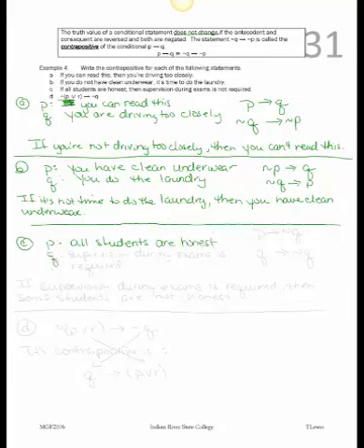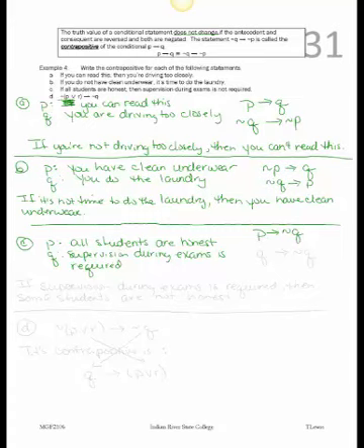Q, supervision during exams is required. So look at the statement itself. We're saying if all students are honest, that's P, then supervision during the exam is not required, so we're saying not Q.